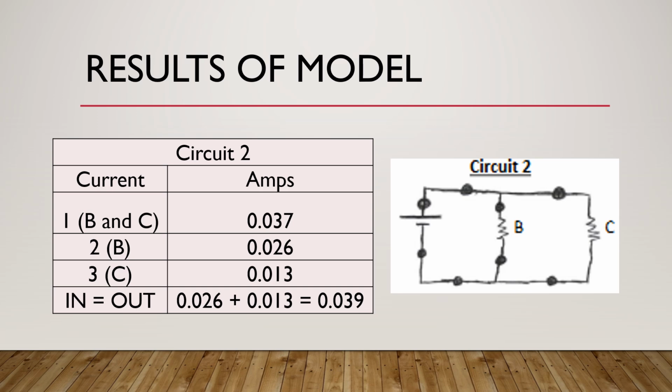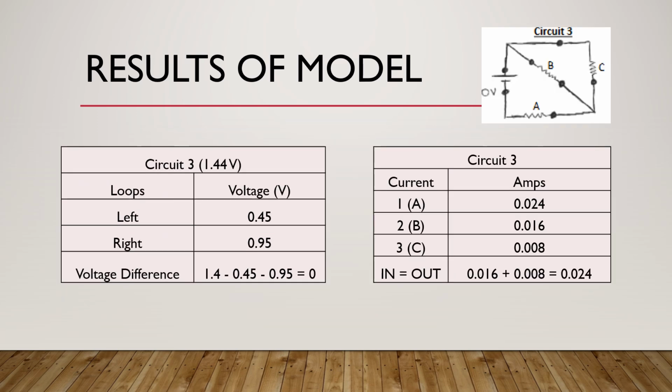So you have 0.026 plus 0.013 equals 0.039, which is roughly what we measured for the amps going through B and C.